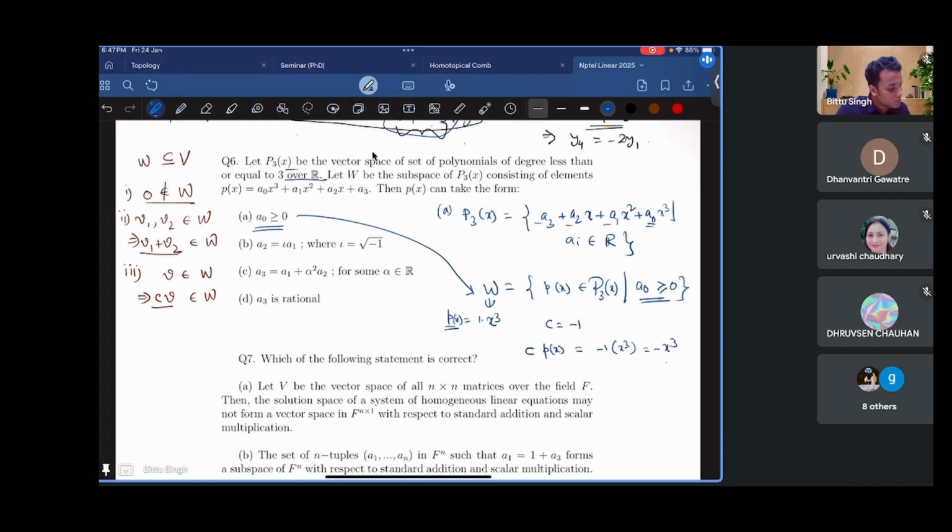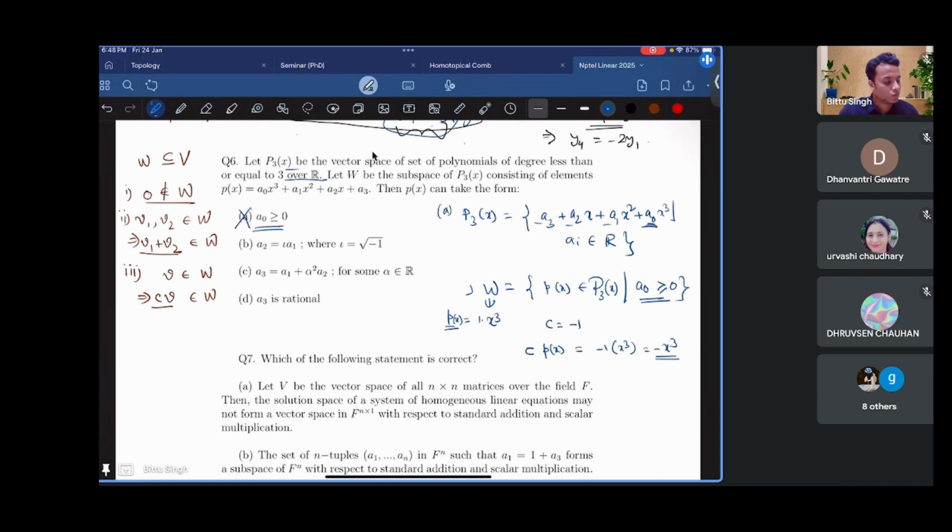Now you can see that this coefficient is negative, which violates the condition. So one vector is present in W, but if we stretch the vector by scalar multiplication, it does not lie inside W. Therefore, it cannot be the answer.